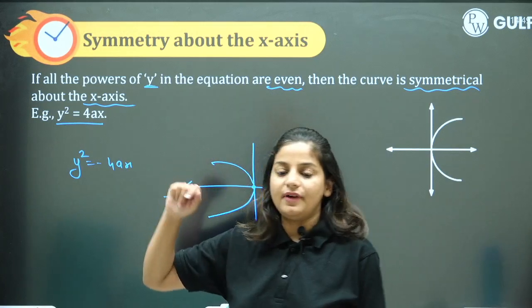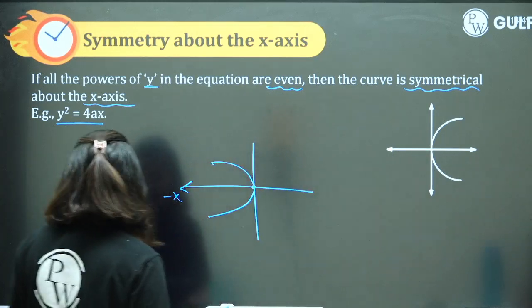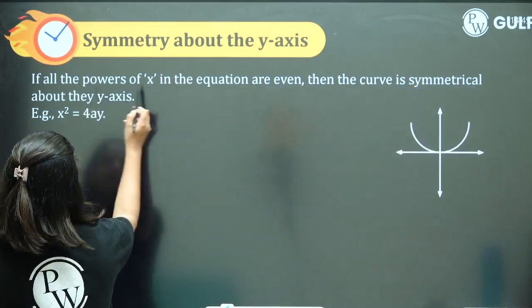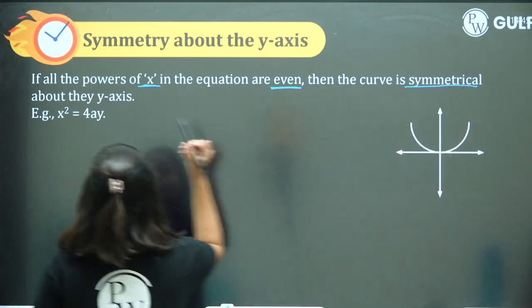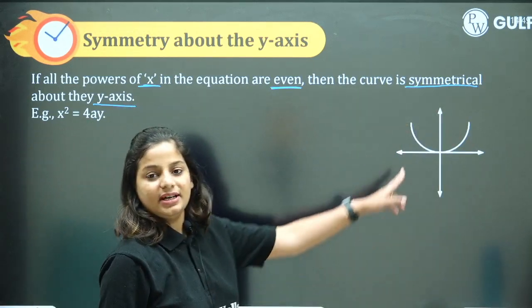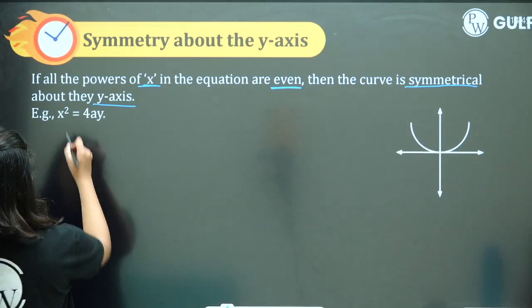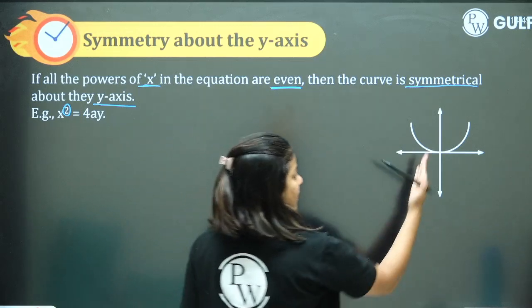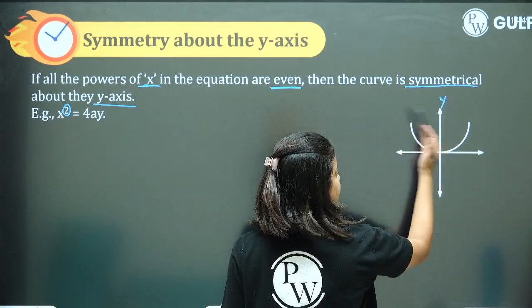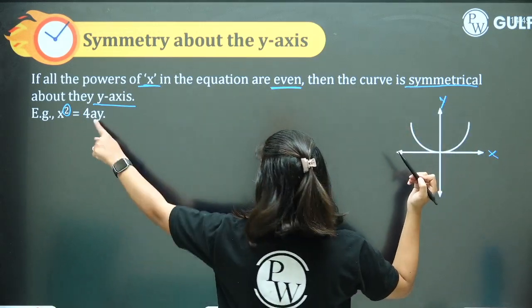Even power of y, symmetric about x-axis. You must have understood if there is even power of x, then the curve will be symmetric along y-axis. For example, x square equal to 4y. Even power, y is positive. So, even power symmetric along y-axis and y is positive.